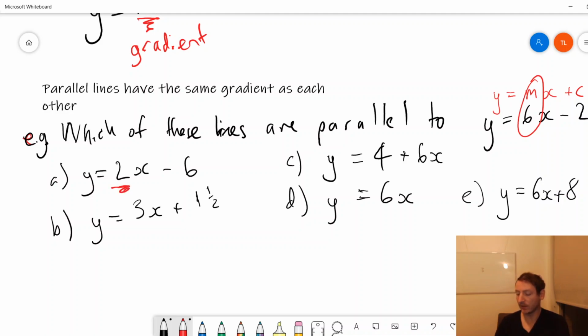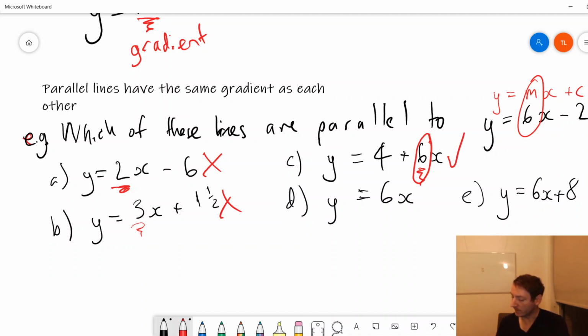Well, here the gradient's 2, so not parallel. Part B, here the gradient's 3, so not parallel either. Here the gradient's 6. Now I drew this one out of order, just to make sure we're on the ball. It's the number in front of the x. It isn't the first number that we're concerned with, it's the coefficient of x. And so that one wasn't, but this one is.